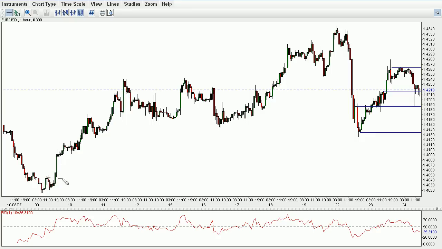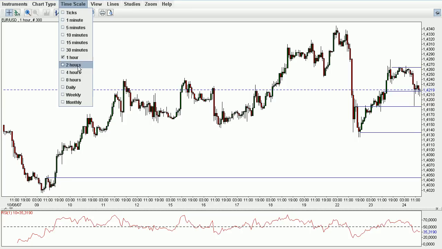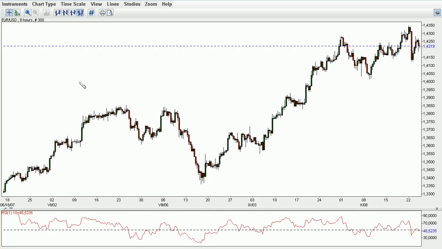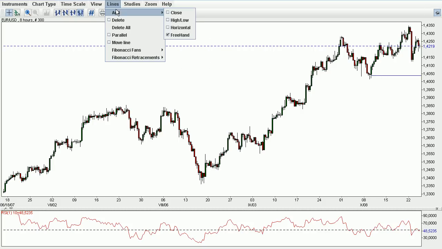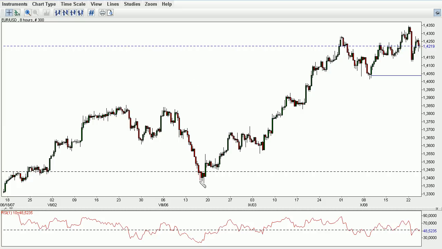Then our next level is going to be this support area here of 1.4045. If we go to a larger time frame for 8 hours, a very important zone is going to be this area of 1.4050 approximately. And then another way we can perceive the market action, or actually our price target, is if we choose Fibonacci retracements.